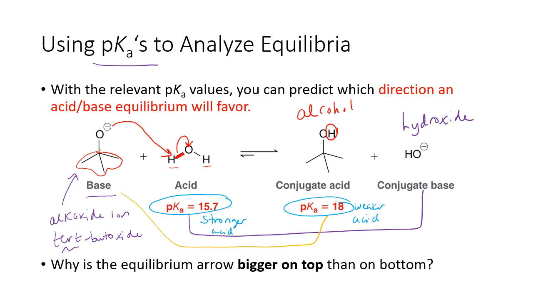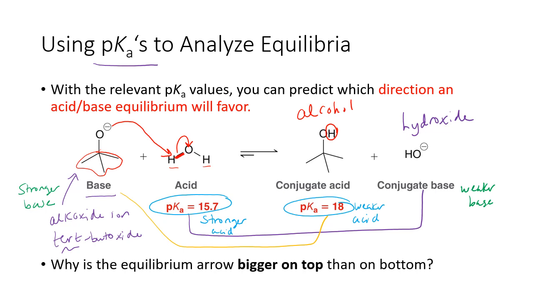We also now could say something about the bases. Once you know what side is stronger or weaker for the acid, the same will be true for the bases. The conjugate base of hydroxide has to be the weaker base. They have to be on the same side, the acid and the base, the weaker pair. And our tert butoxide ion must be our stronger base, just because those also have to be on the same side, the stronger acid-base pair.